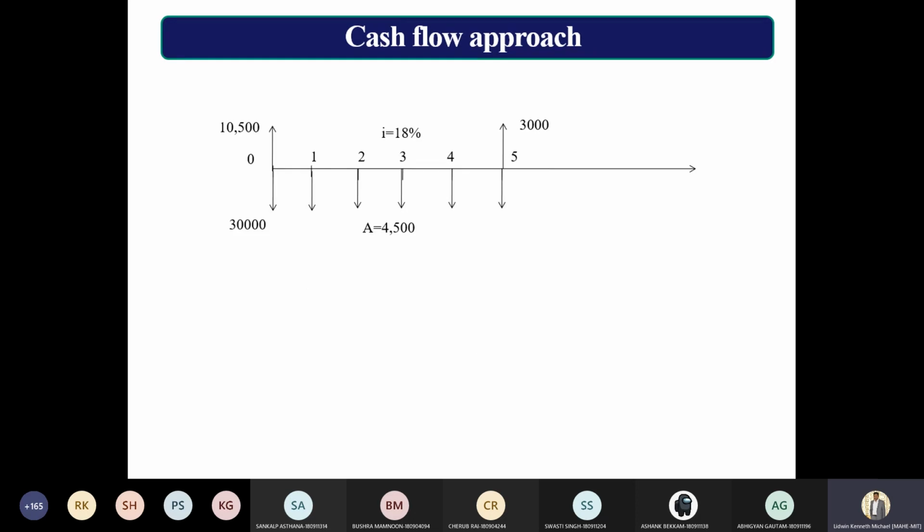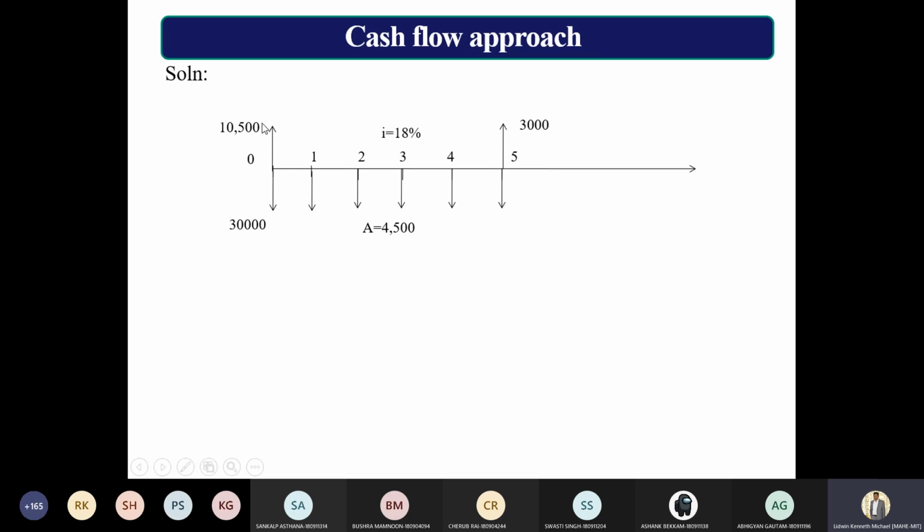If you look at the cash flow, this is what I'm saying. It is a direct deal between the company and the salesperson. The salesperson is offering a new machine, which will cost 30,000, and he is also offering 10,500 for the defender machine.